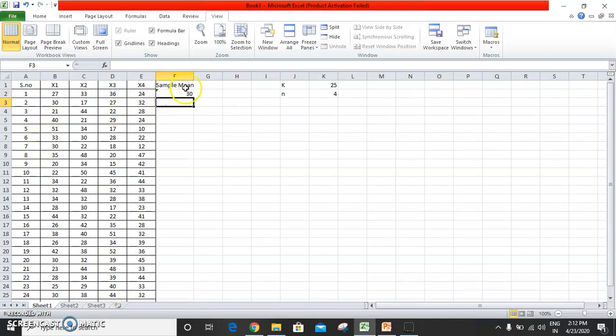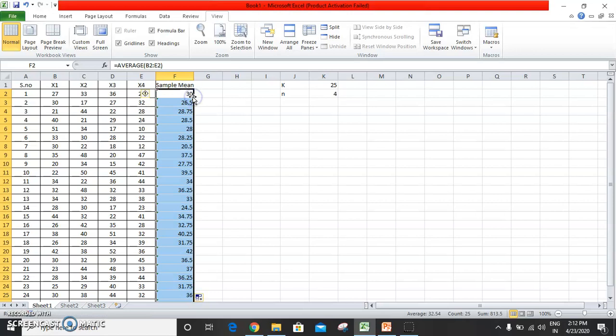So this is basically the sample mean, the average of the first 4 observations. We can do this similarly for the others, and very conveniently we can do it for the rest of the values.